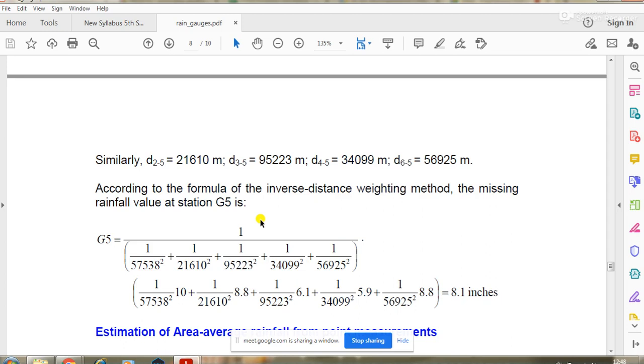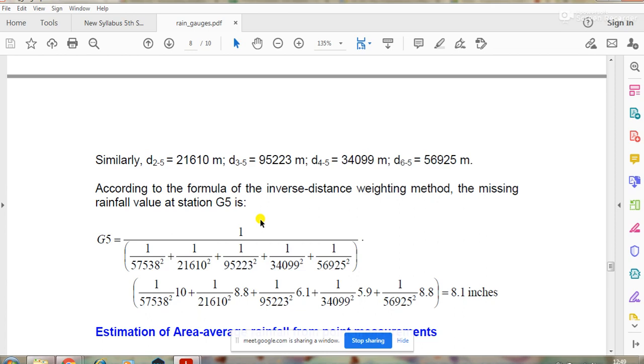Now about the rain gauges. Obviously there are different types of rain gauges that we have already discussed in our previous few classes. Definitely in our first few classes we talked about the simple non-recording type rain gauges, and now we have talked about recording type rain gauges.